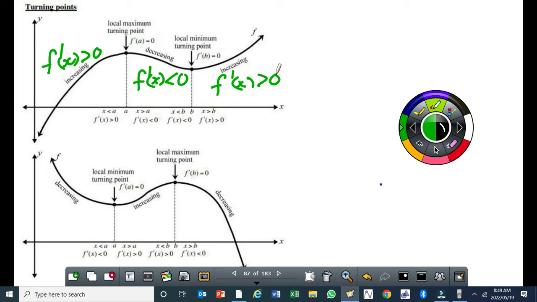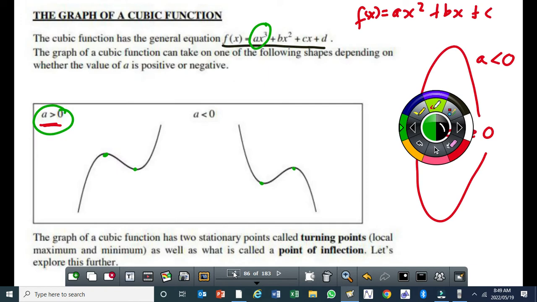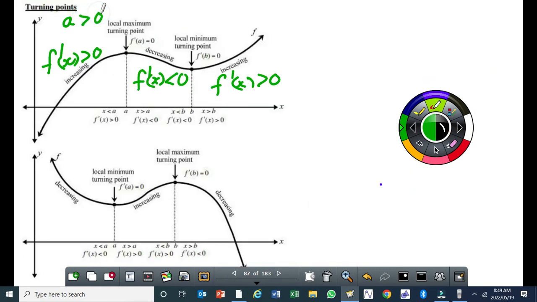So this is the case where the value of A, remember we are starting with the maximum, so the value of A must be what? You see this, the value of A must be positive. It's the opposite of that. So A here will be positive, and then here A will be negative.